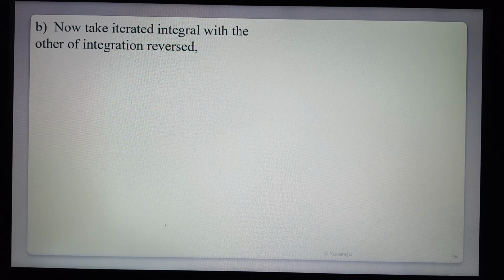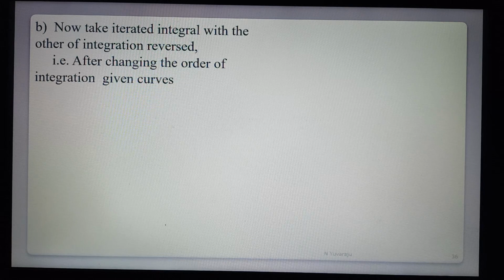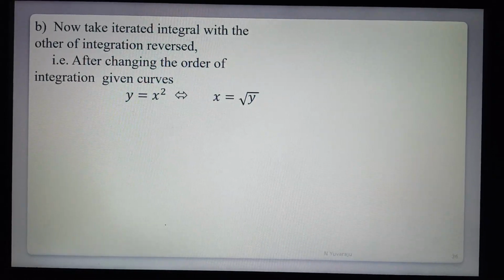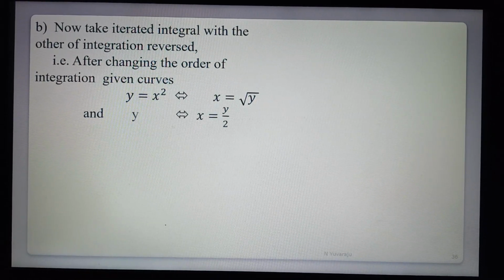Reversing the order means the given region of integration, which is a vertical strip, now becomes a horizontal strip. After changing the order, the given curves y equals x squared gives x equals root y, and y equals 2x gives x equals y by 2, and the y limits are converted to x limits.